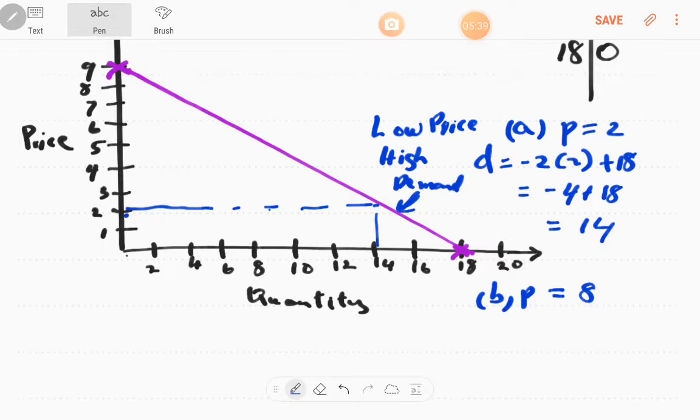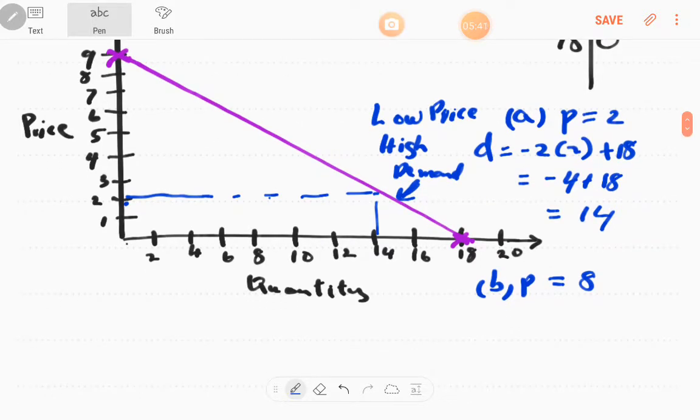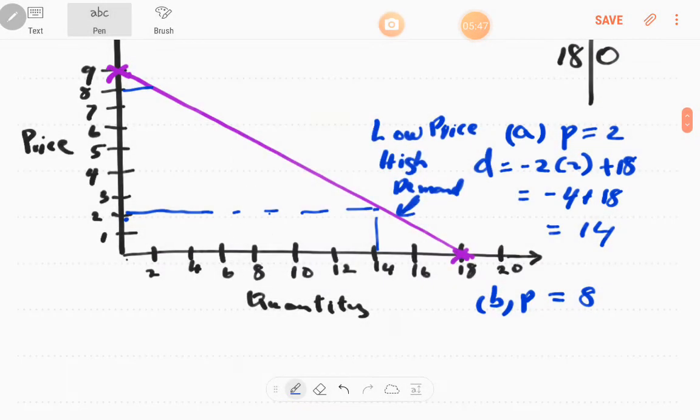So if we use our graph, okay, so that looks like 2. So estimating that it should be 2, but let's work it out algebraically and see what happens.